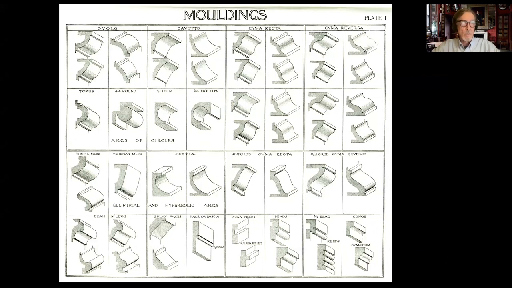These bits are called the moldings. And they really can be looked at as the atomic units of classical architecture, in a sense. They're the smallest bits that we can break classical architecture down into and have those bits retain identifiable character and geometry. So in a sense, this is the periodic table of the moldings.